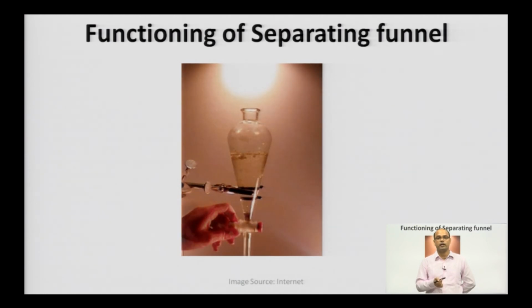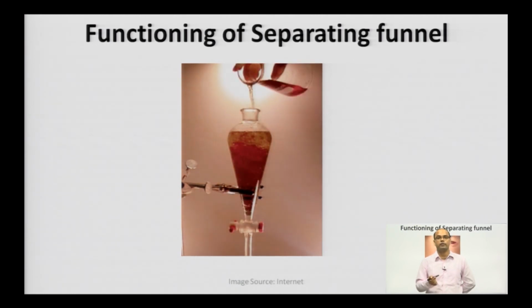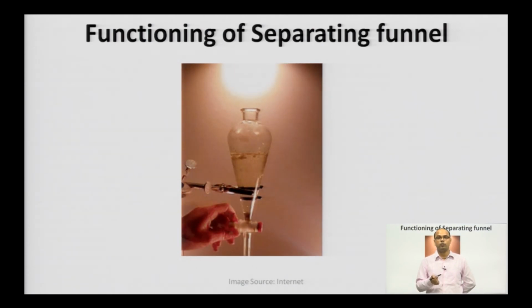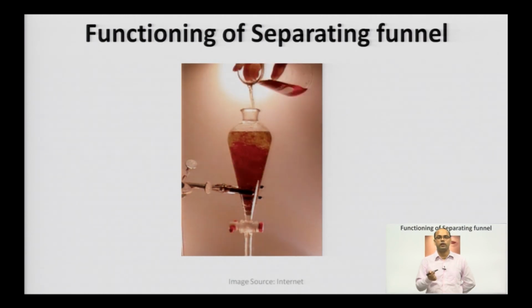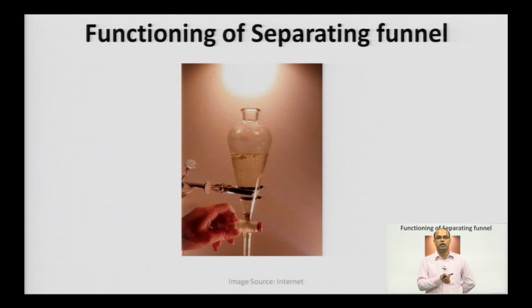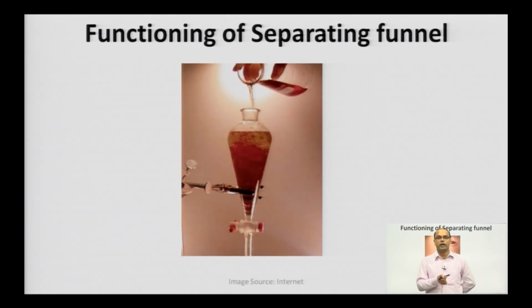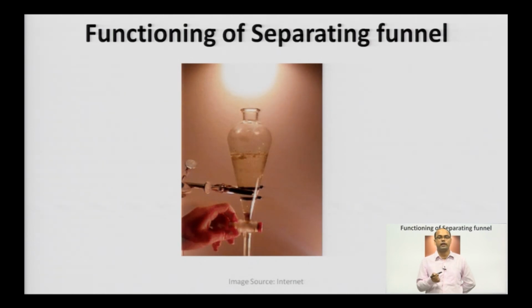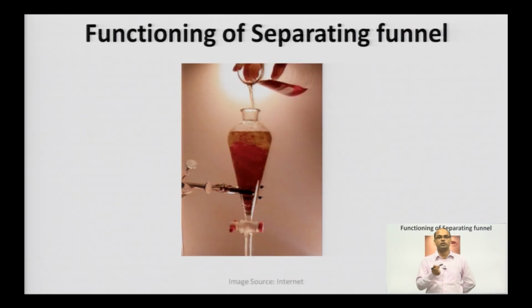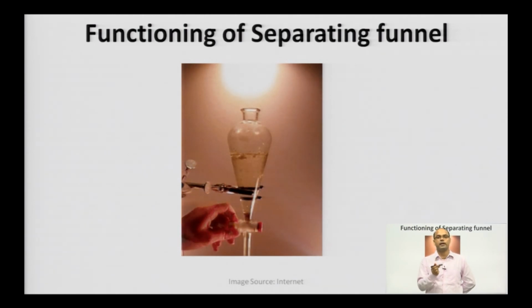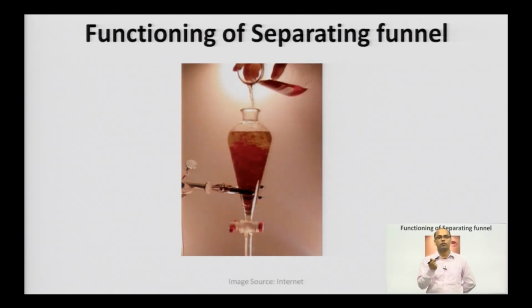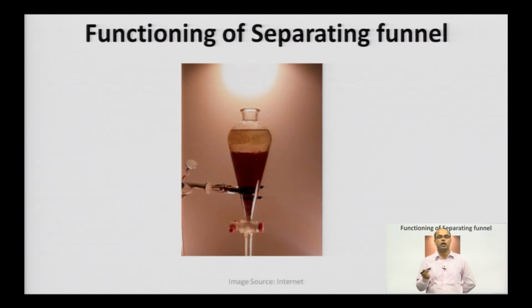We have a solution of polar solvent with a non-polar solute. We can use a non-polar solvent, and mix the non-polar solvent and the polar solvent. The non-polar solute migrates into the non-polar solvent, and then we separate the two solvents.